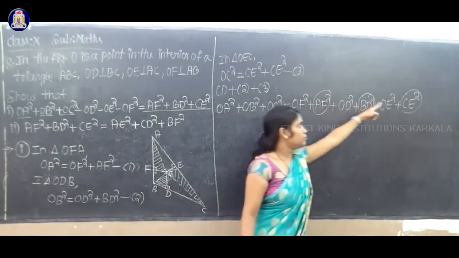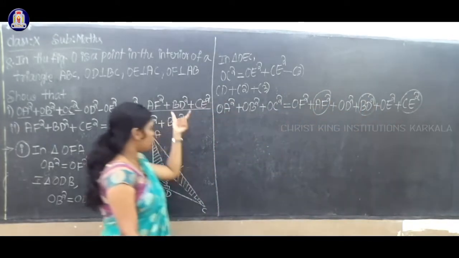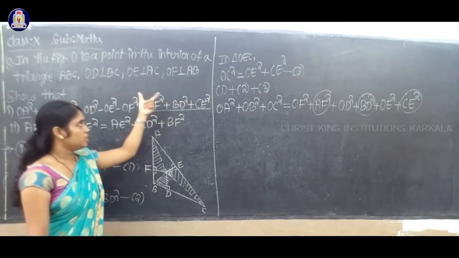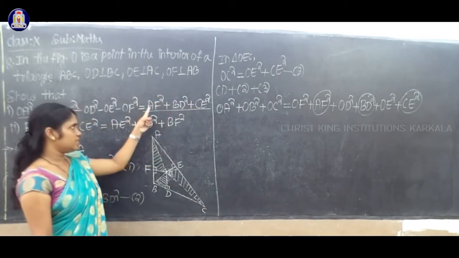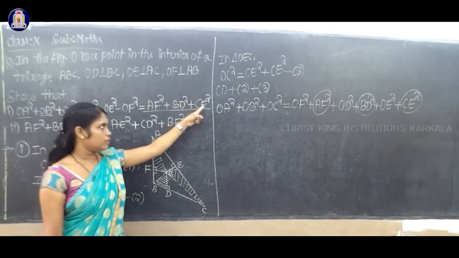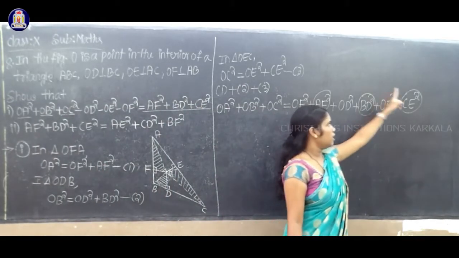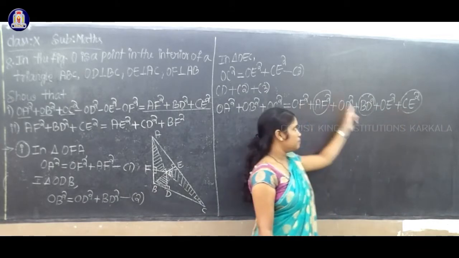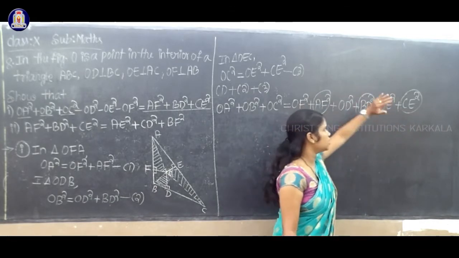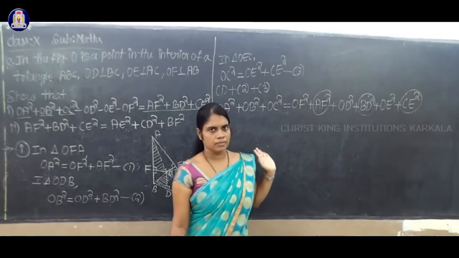Why will I keep these three in the right hand side? Because in the question, what is there in the right hand side? Your right hand side is AF square, BD square, CE square, isn't it? So except these three terms, the remaining terms are shifted to the left hand side. Understood now?